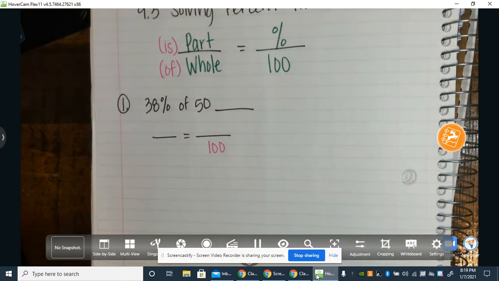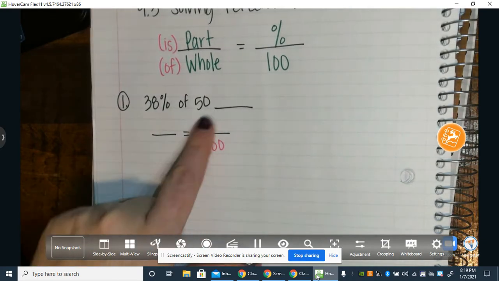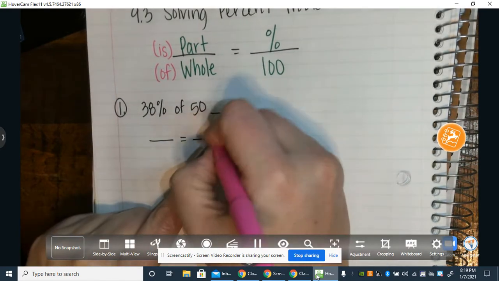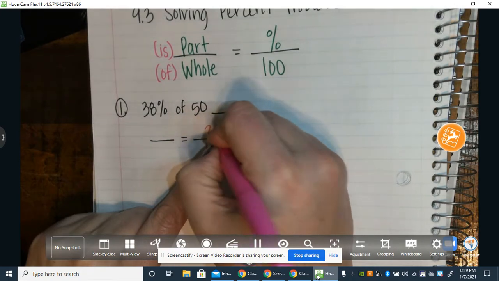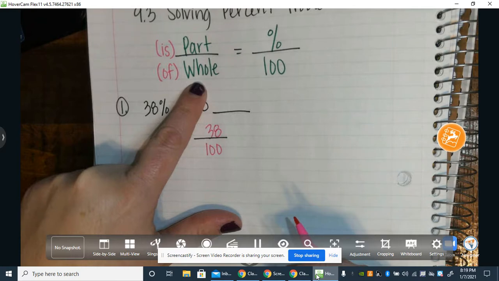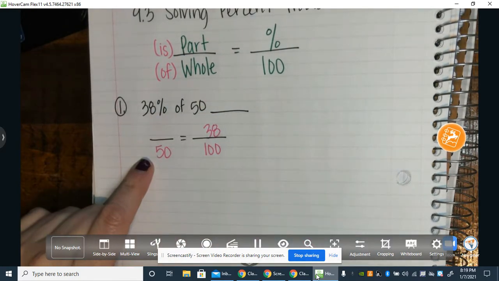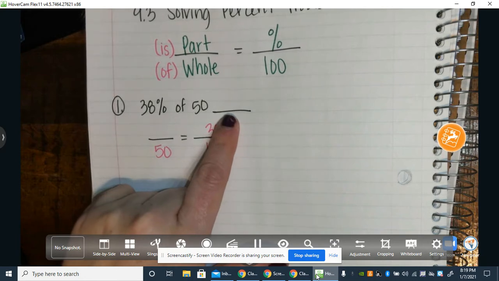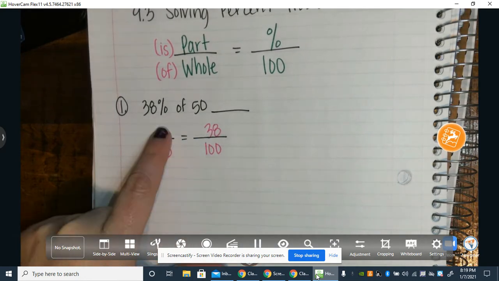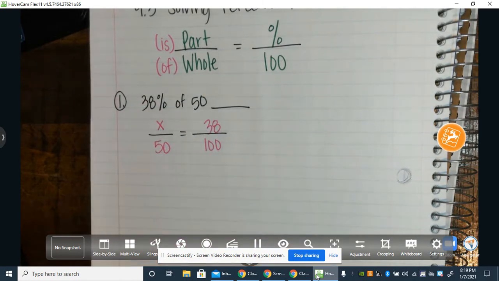Now we're filling in our numbers that we have. So 38% is going to go above this 100 because that's where the percent goes. So we're going to put 38 right here. Of 50, so 50 is my whole. So it's going to go down here. And then we've got to figure out what this is. So the missing part is the part. So we're going to put an X right there.